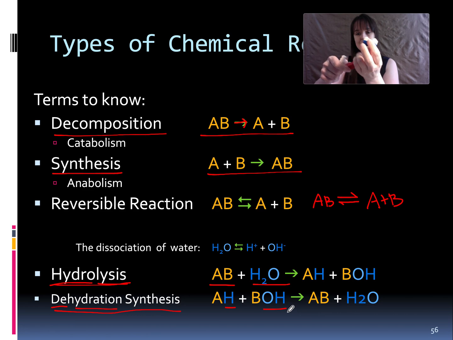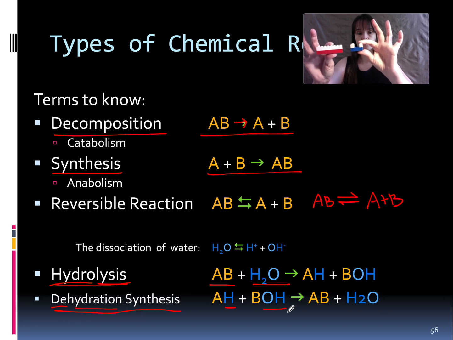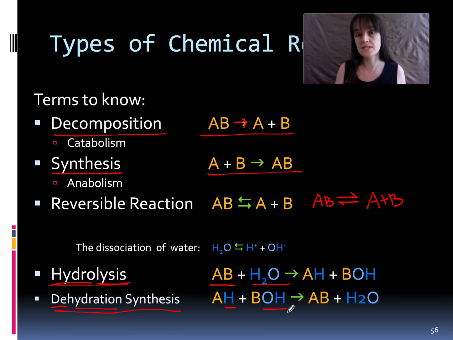So it's a synthesis because we're going from A plus B to AB, just like our synthesis reaction, but we've also made a Mickey Mouse water. Okay, so hydrolysis and dehydration synthesis are the opposites. Legos. It's all about Legos.